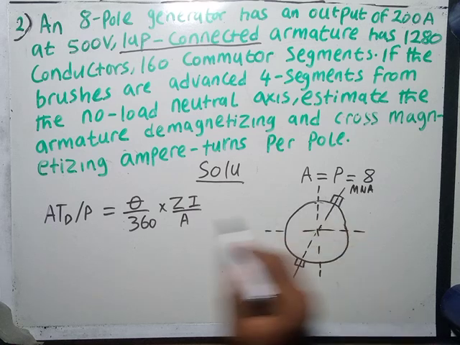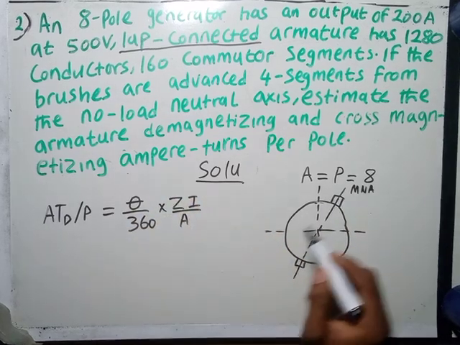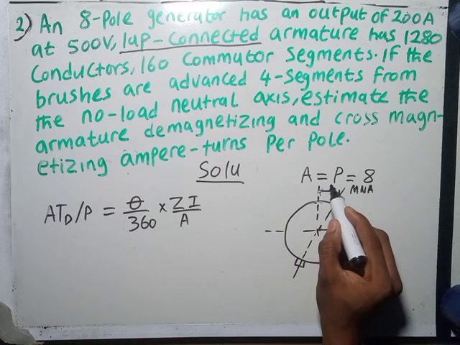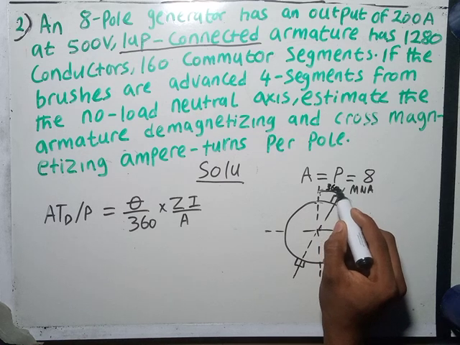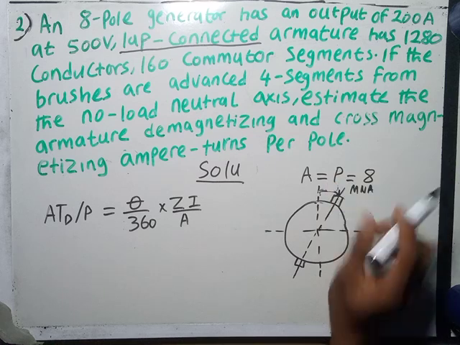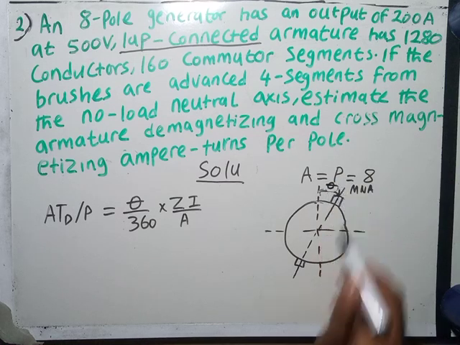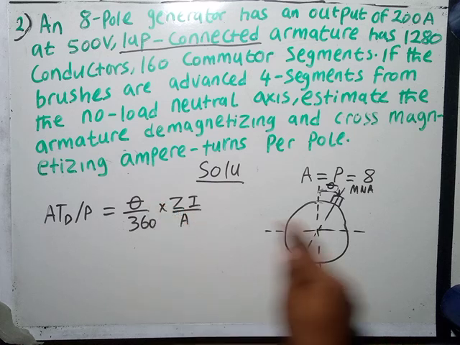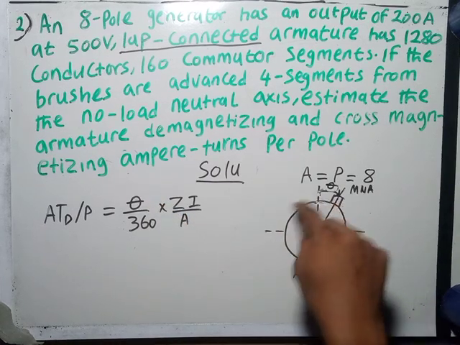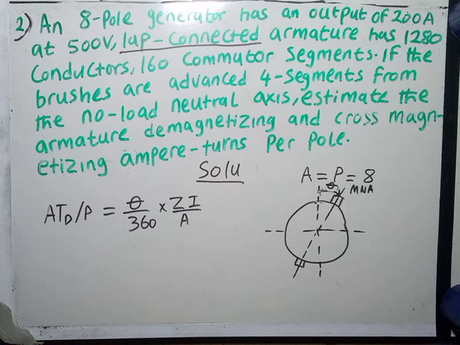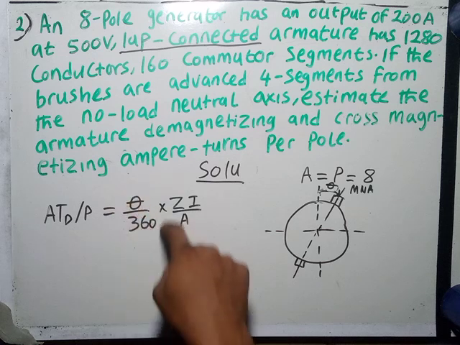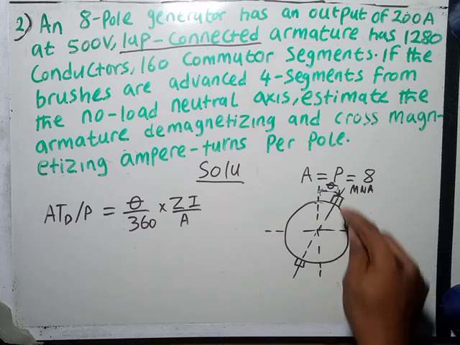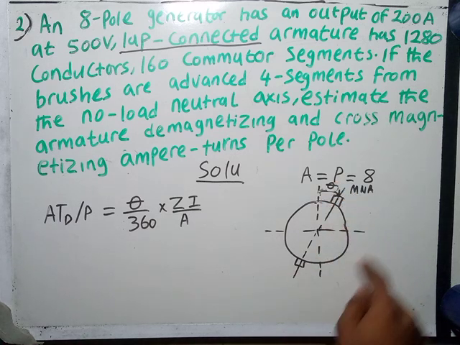Initially, when we were solving with this formula, the angle from here to here was theta. So the ratio of this angle to the whole angle is theta over 360.